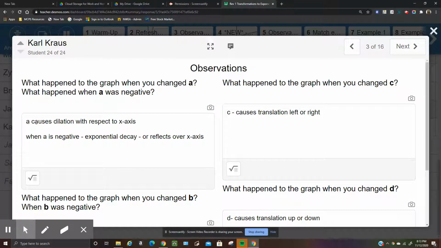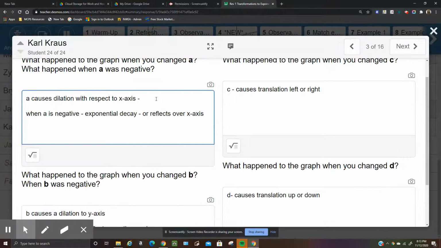So this is already filled in. A causes dilation with respect to x-axis, or we can call that vertical. When a is negative, it's exponential decay, or reflects over the x-axis.